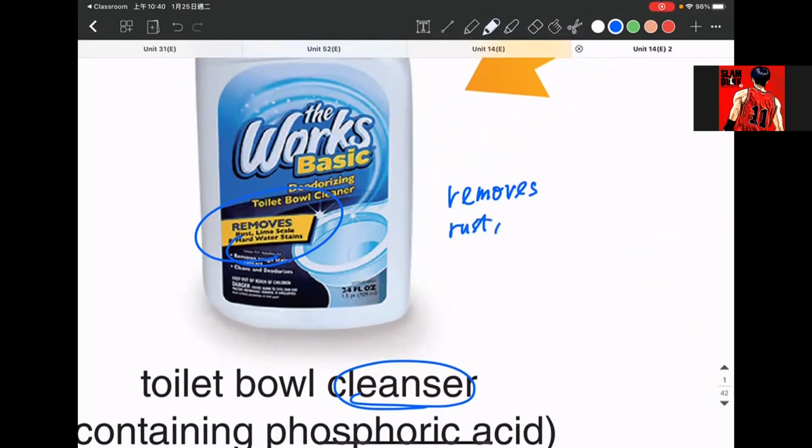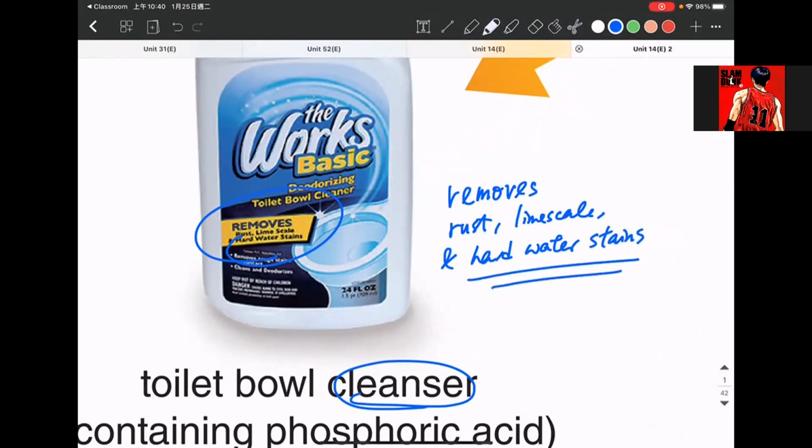Rust, lime scale, and hard water stains. So what is that? Rust, I know it. It is hydrated iron(III) oxide. Just remember that. How about lime scale? What is that? What's the chemical inside?